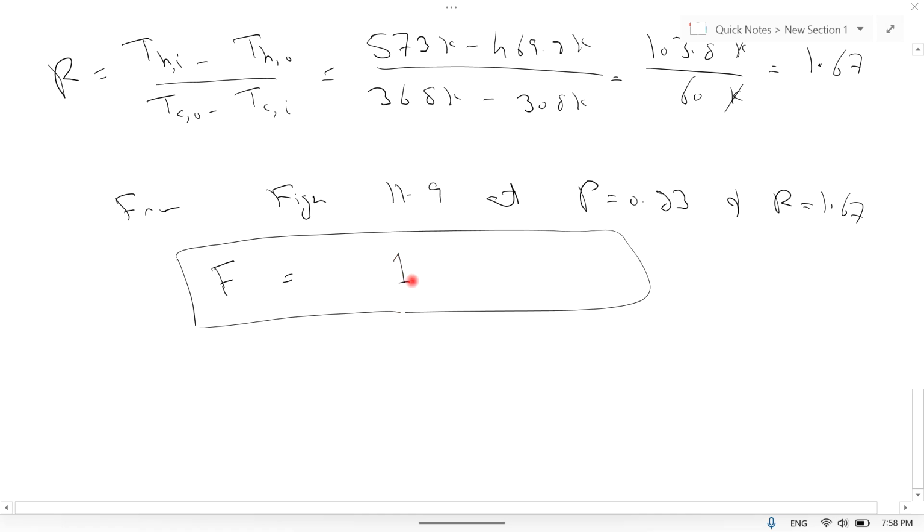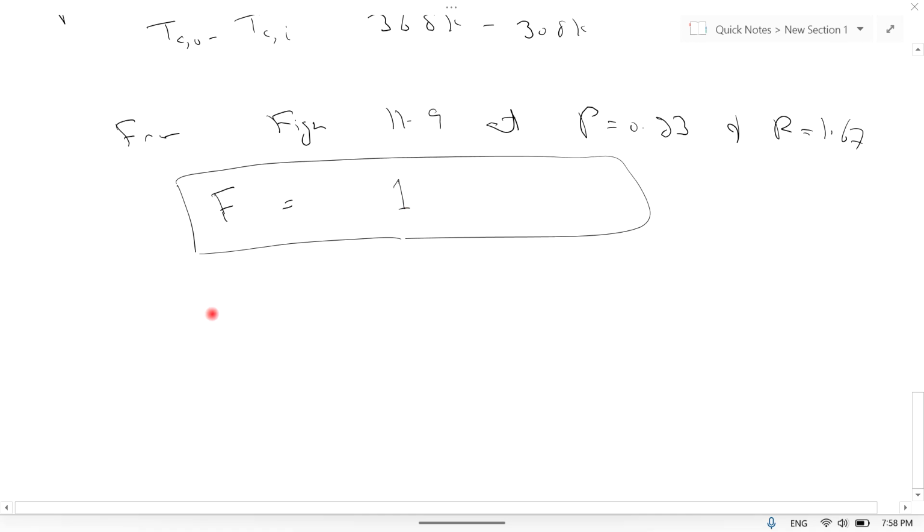Now we find the log mean temperature difference for fouling condition. So first for this we find del T1 and del T2.